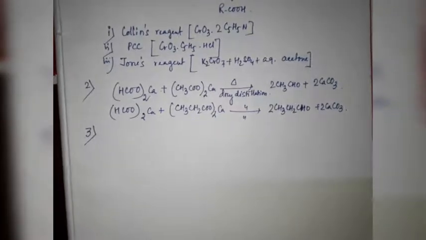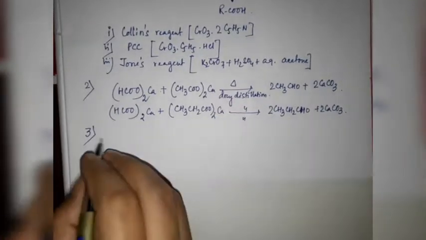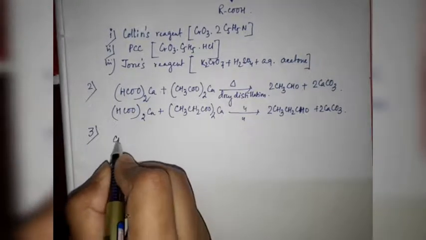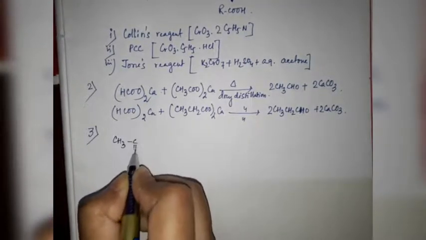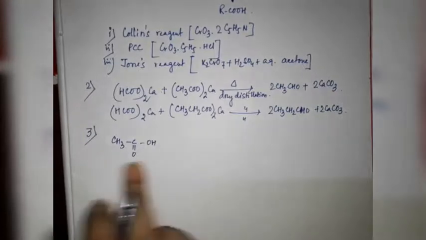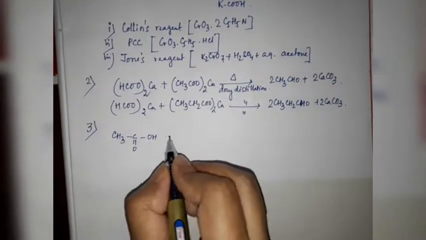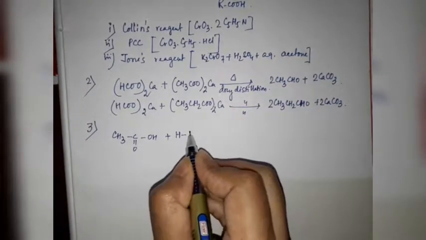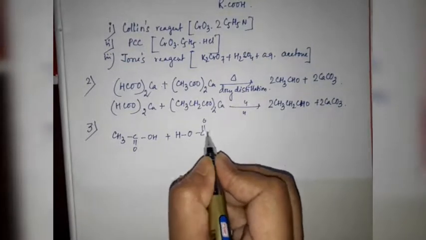So next is from carboxylic acids. Here I have taken acetic acid along with formic acid. This is formic acid, you can see.